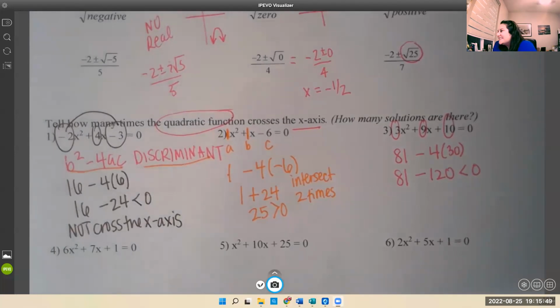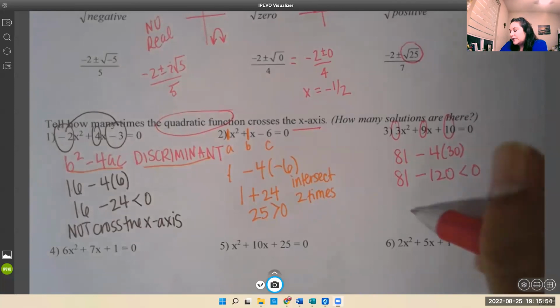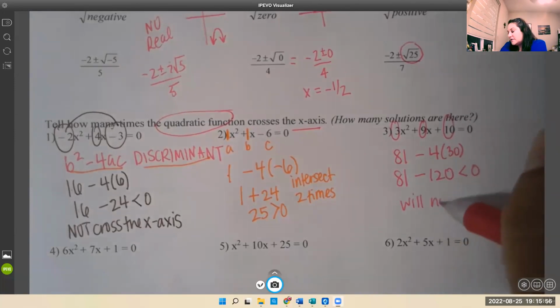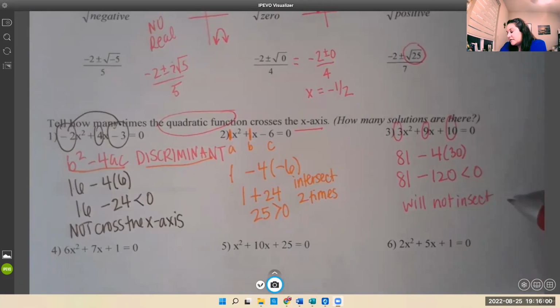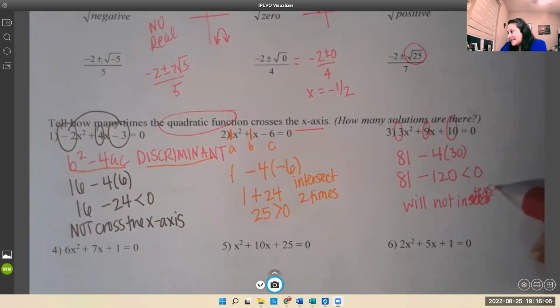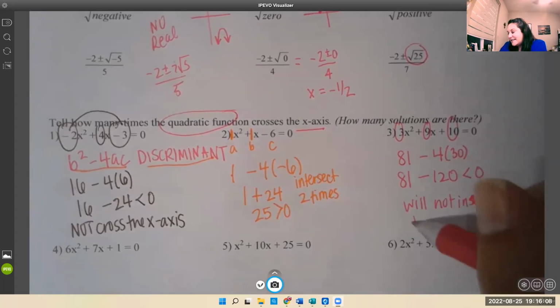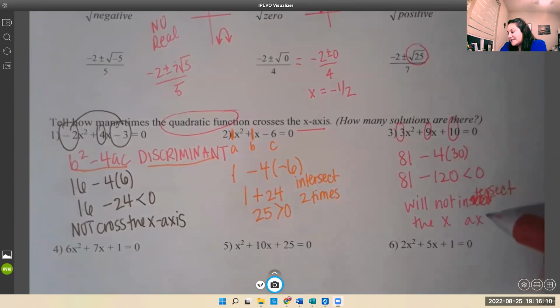Did I do that right? I think I did. And so it will not intersect the x-axis.